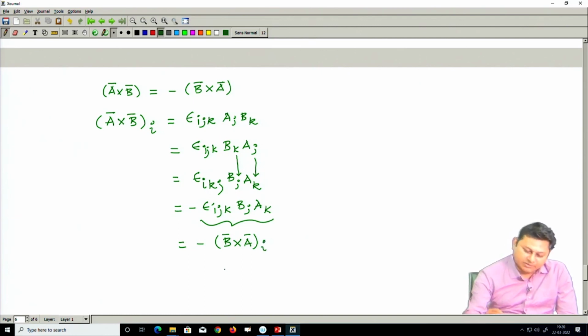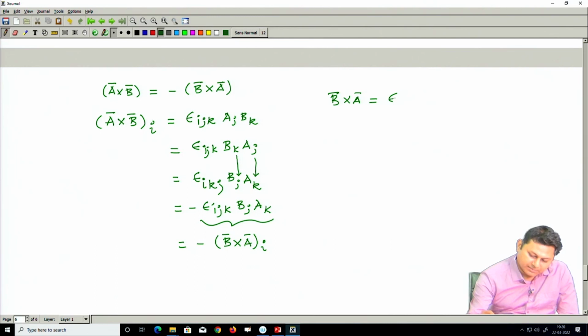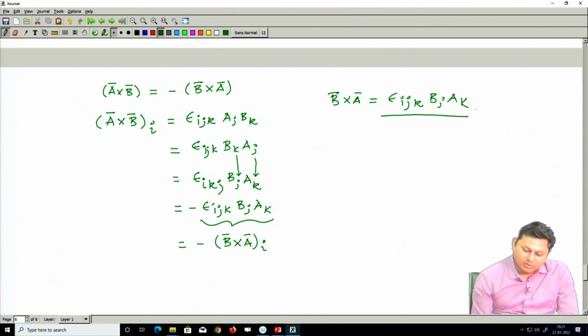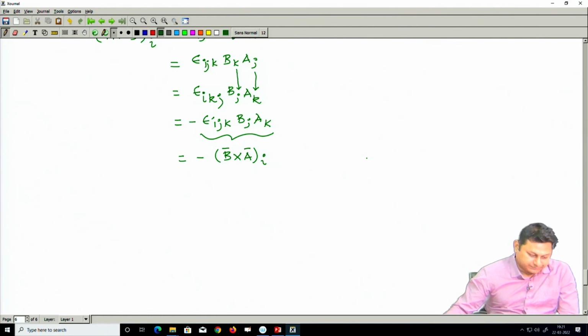Because if I write B cross A in epsilon symbol, it should be epsilon i j k B j A k. So, in order to have this form, I just manipulate it and find that A cross B ith component is simply B cross A ith component with a negative sign, and that we know.